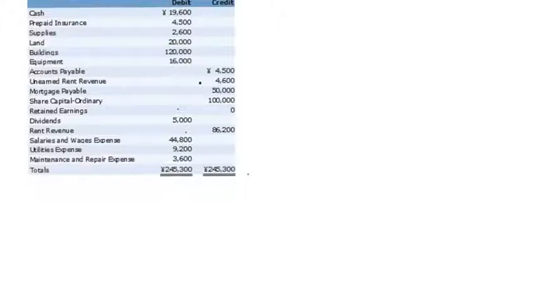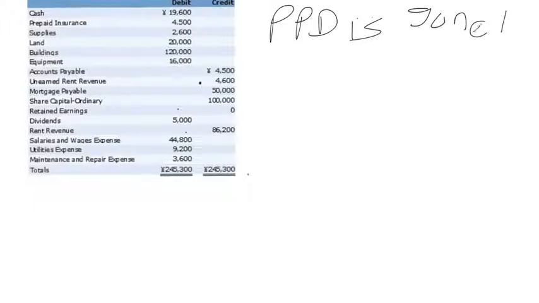The second thing is you look at the other data. The first one says the balance in prepaid insurance is 1 year premium that was paid on June 1st. So if the prepaid insurance is $4,500 and that is 1 year, you need to divide by 12.